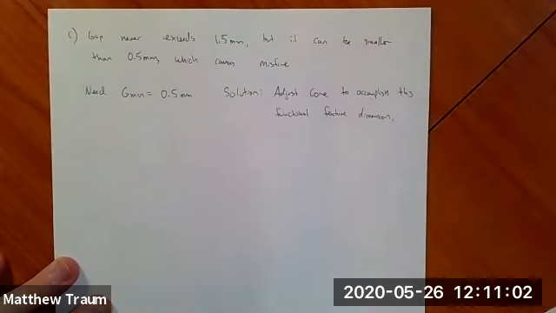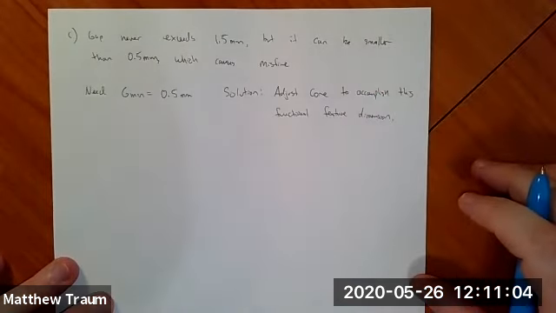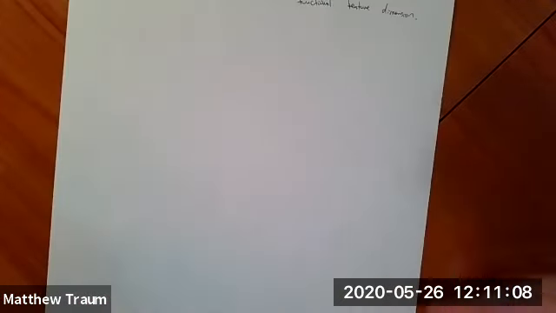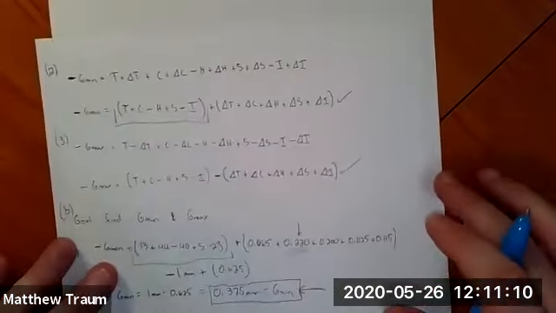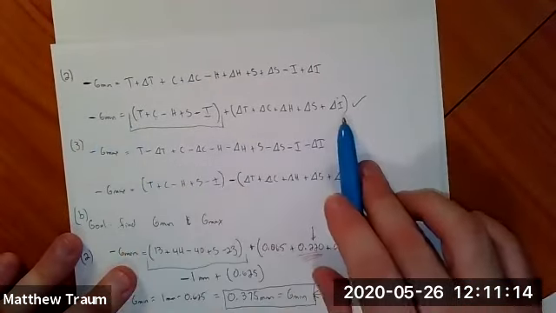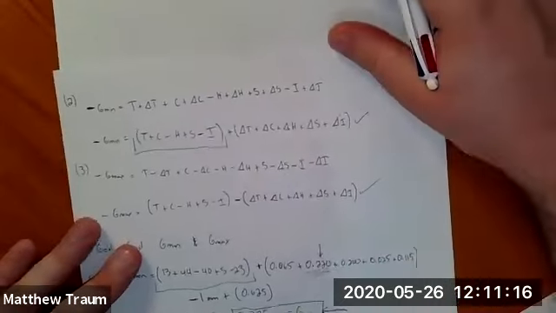So I've got all the tools that I need. I just have to hop right back into my G min equation. So I'm just going to write it over again.